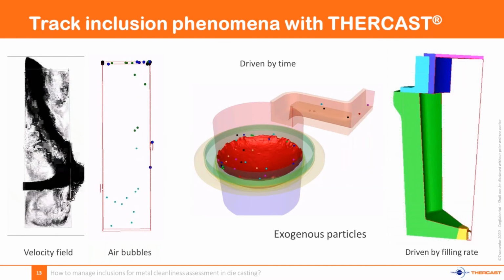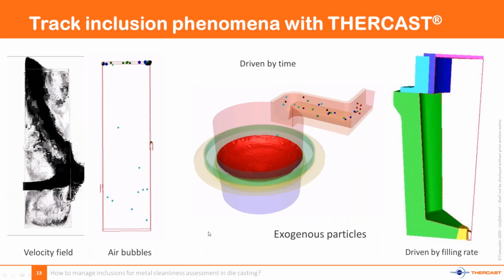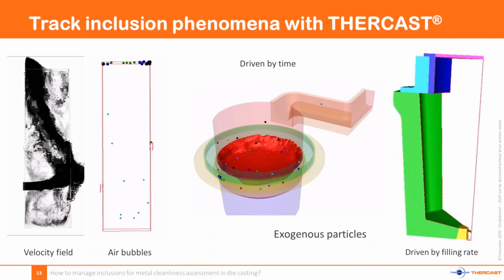The color of the particle represents the size and density, which is different for each one. Depending on the size and the density, the trajectory of the particle is different, and we can estimate where a particle can be found at the end of the casting part, and if we can have good or less good quality in the part if we take into account this kind of particles.